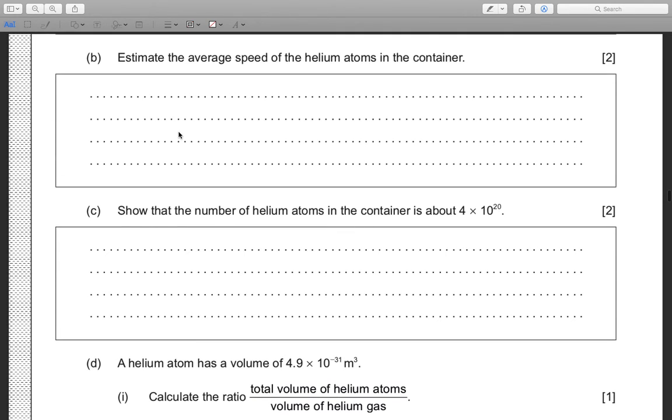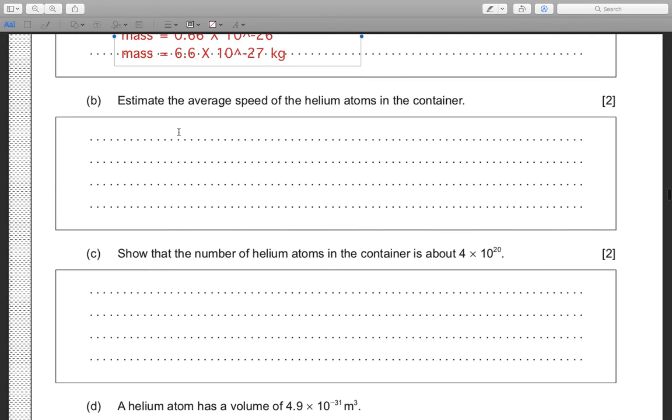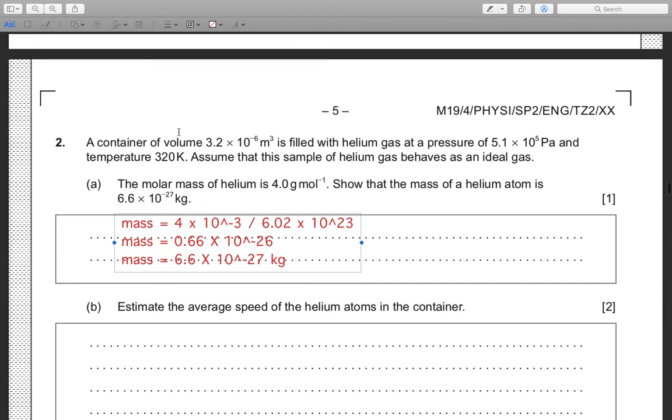Continue with question B. Estimate the average speed of a helium atom in the container.